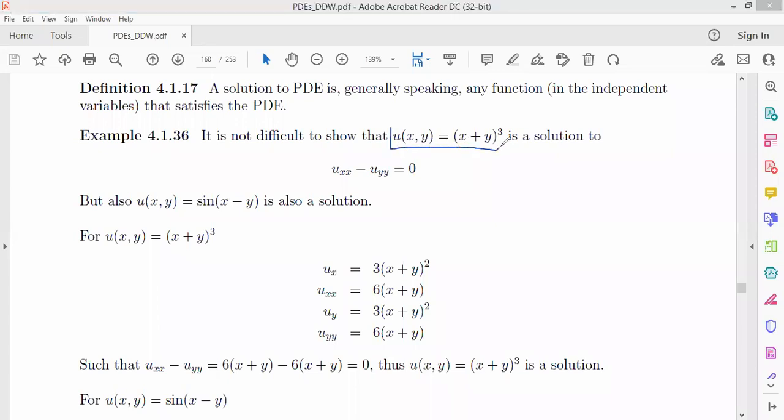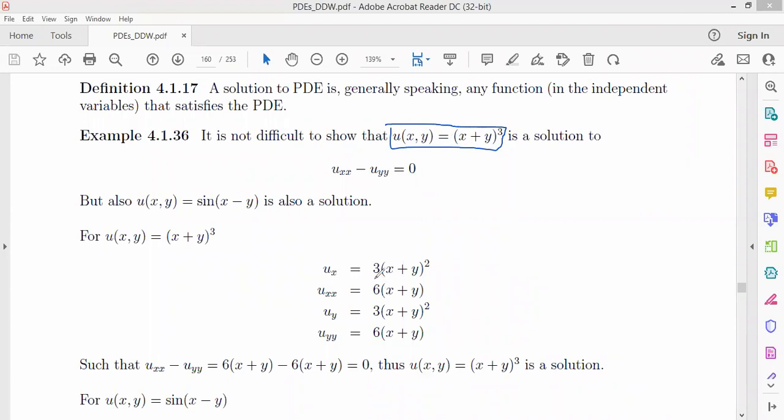If U is given by that, then to show that it is a solution, you differentiate twice with respect to X and substitute here. You differentiate again twice with respect to Y. You are doing a partial differentiation. Is that okay? And you can see that is what is done here.